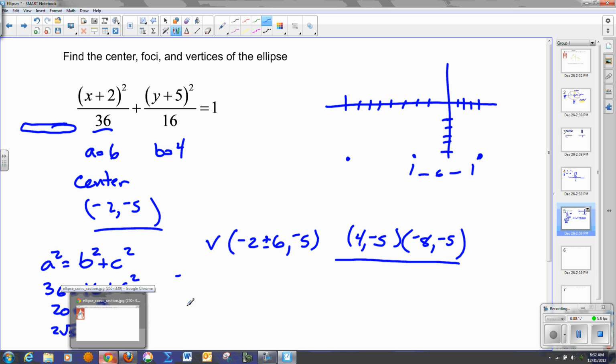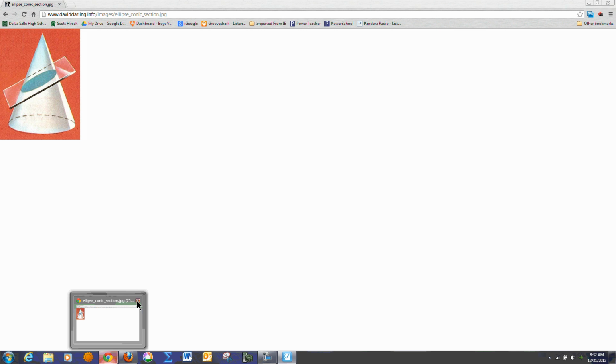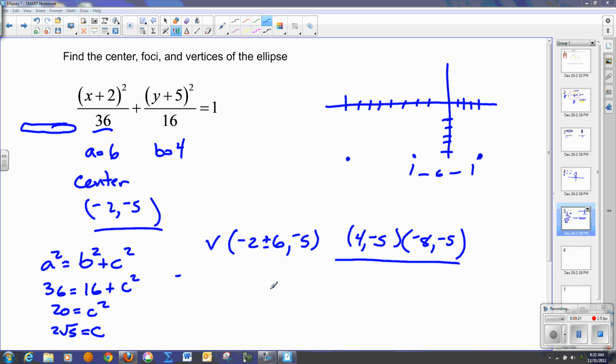Now, turns out that my foci are always on the same axis as the vertices. So really, I need to move over 2√5 in length to find my foci. All right, and that's moving left and right.